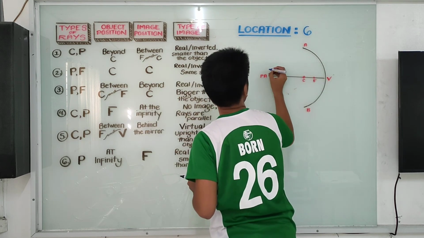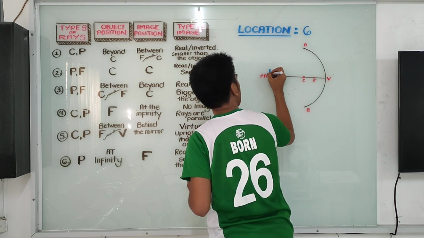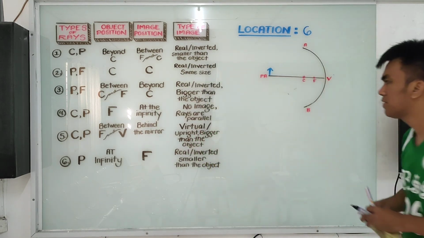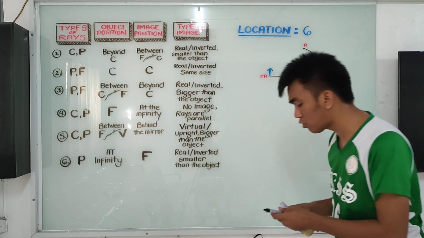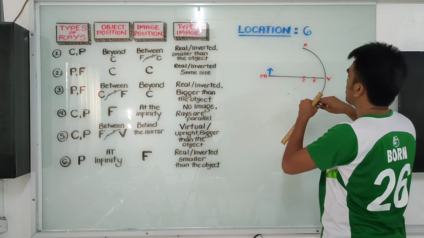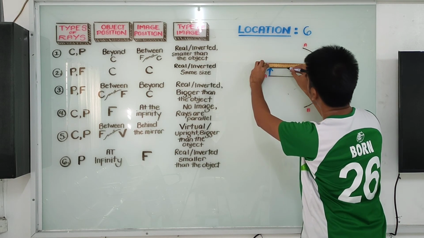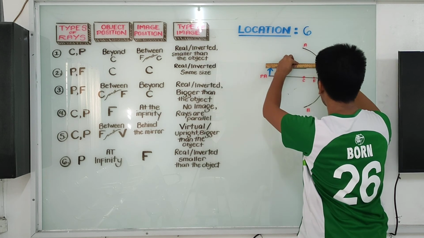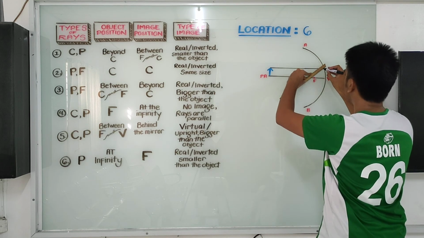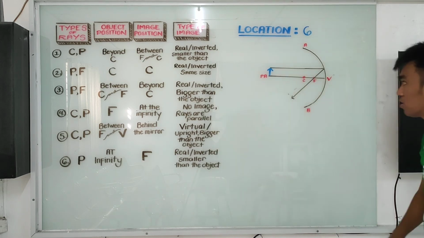Actually, it's the opposite of location number 4. At infinity, the image here will only be using principal ray, kasi sobrang layo na niya. So kapag malayo-malayo na, first, we'll use principal ray, so the reflected ray will pass through the focal point.